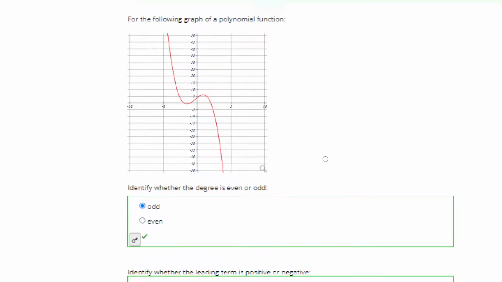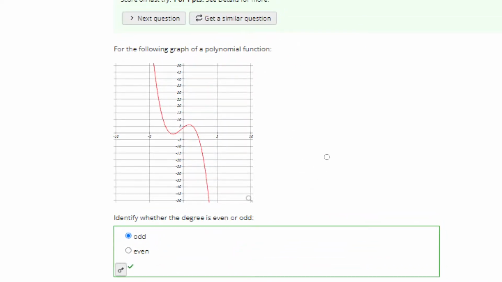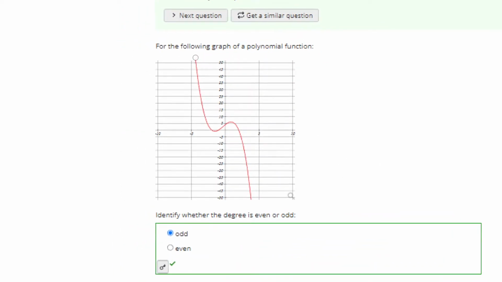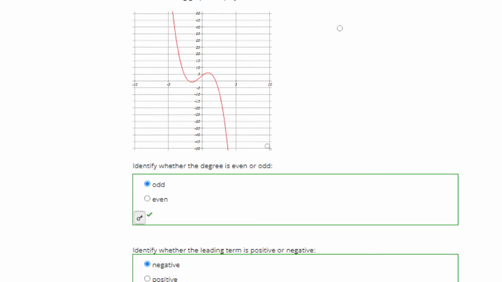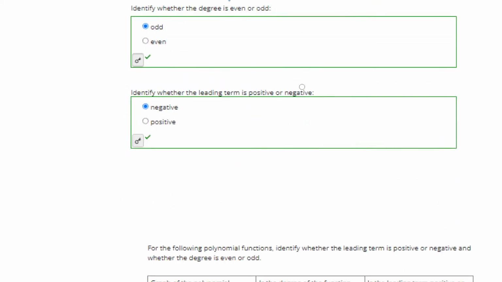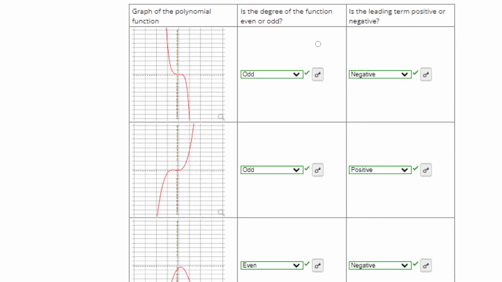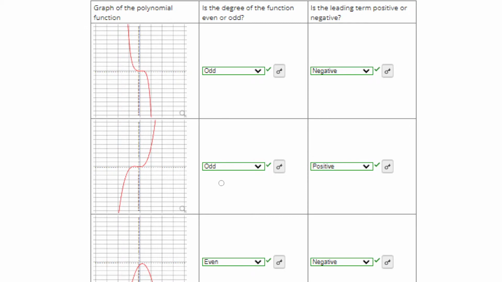Now, this one says, for the following graph of a polynomial, is this even or odd? This one is odd because it has one going up and one going down. Is it a negative or a positive leading term? It's going to be negative because we start going up and then we go down. This one is asking us to find the degree of the function and whether it is negative or positive leading term.